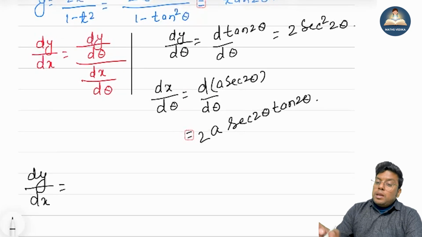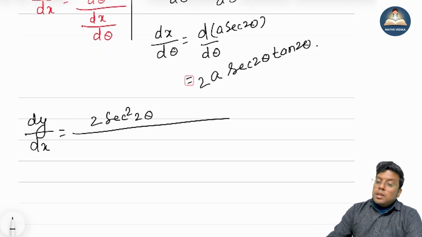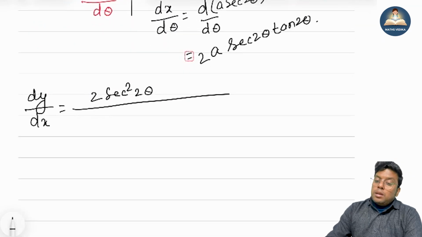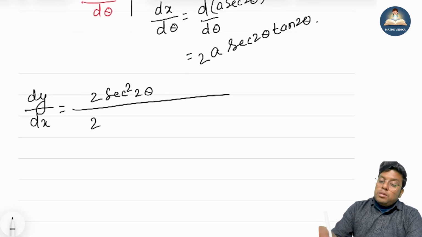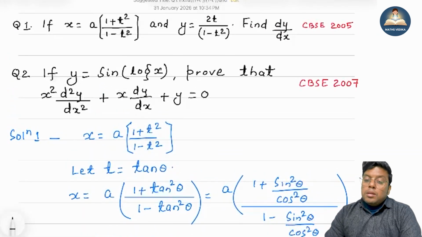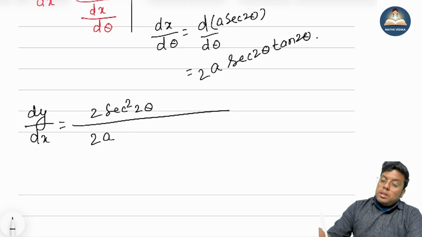So dy by d theta is 2 sec square 2 theta divided by 2a sec 2 theta into tan 2 theta.